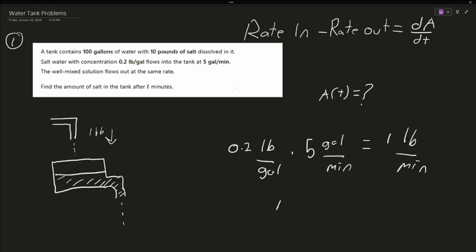So we know that the concentration will be A of t divided by 100, the volume of water inside. This gives you how many pounds of salt we have per gallon of mixture. And the rate we're leaving is 5 gallons per minute. So these gallons will cancel, and we will have A of t divided by 20 leaving the tank. This is important: this is leaving the tank.